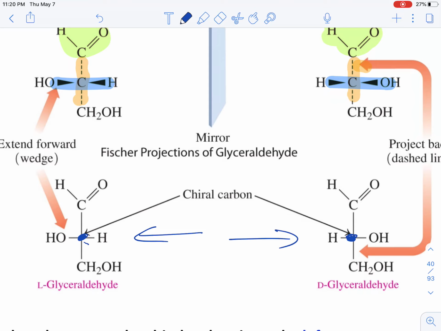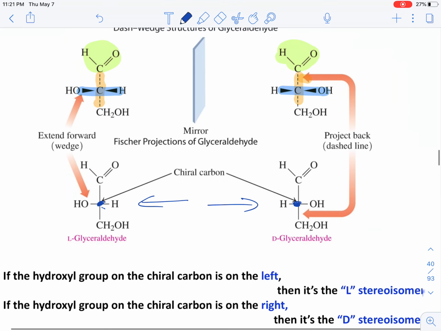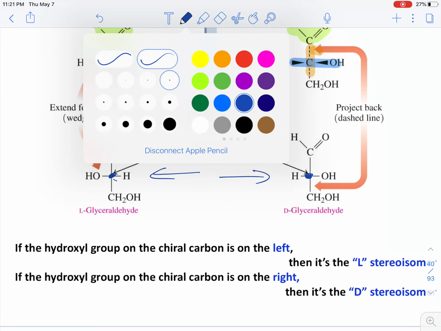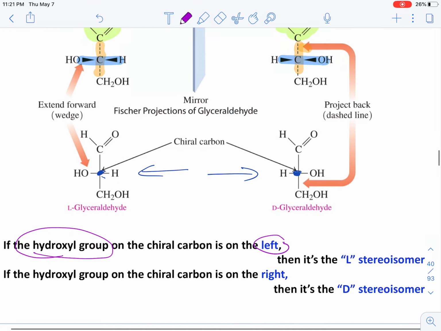And so his structures were able to accurately predict the stereoisomer of carbohydrates by looking at the last chiral carbon that's farthest from your functional group, either your aldehyde or your ketone. And so, long story short, if the hydroxyl group on the last chiral carbon is found on the left-hand side, then the L stereoisomer will be observed.